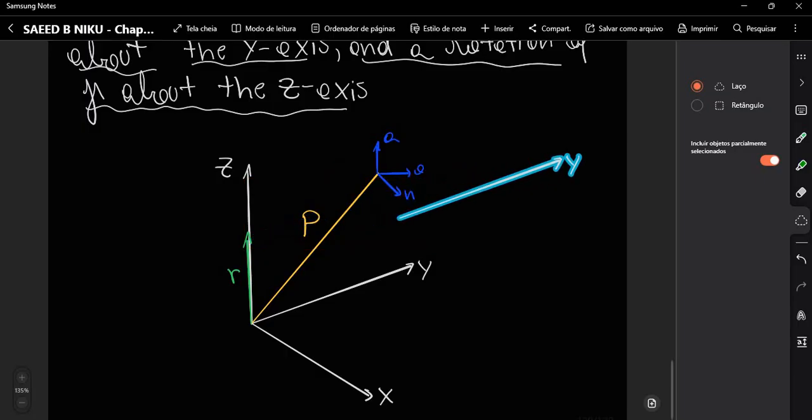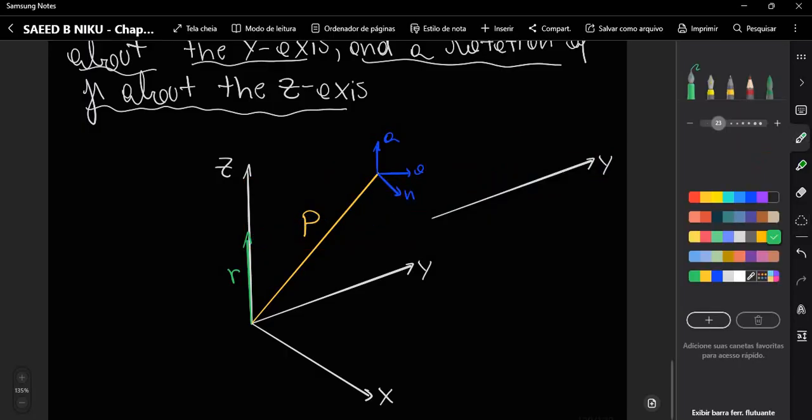So from here we do a rotation, and it will help if I draw this, a rotation around the y-axis.